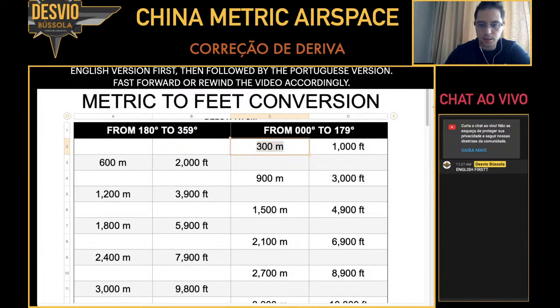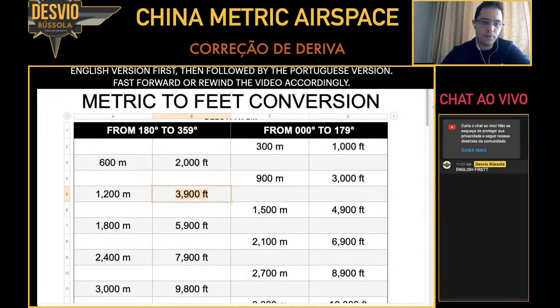So let's say that ATC just cleared us to 1200 meters. You come to this table, you find 1200 meters on the left column, and then you can see on the right column what is in feet, and then you have the altitude you are going to set on the MCP altitude window for the Boeing aircrafts, or on the FCU altitude window for Airbus aircraft.